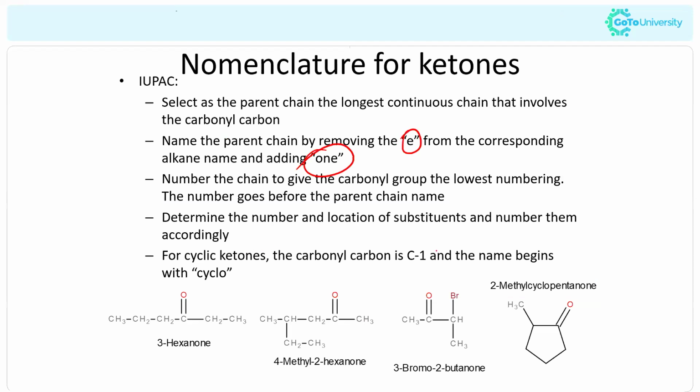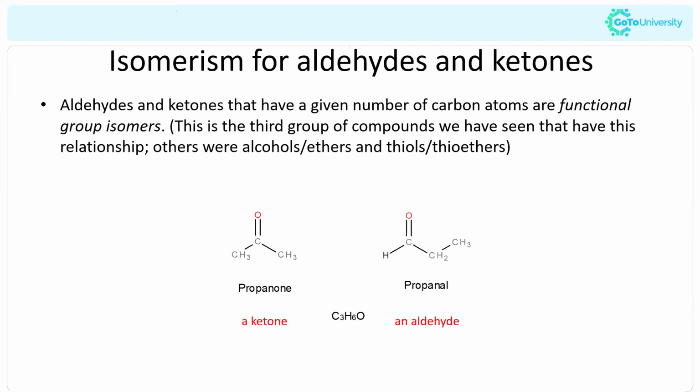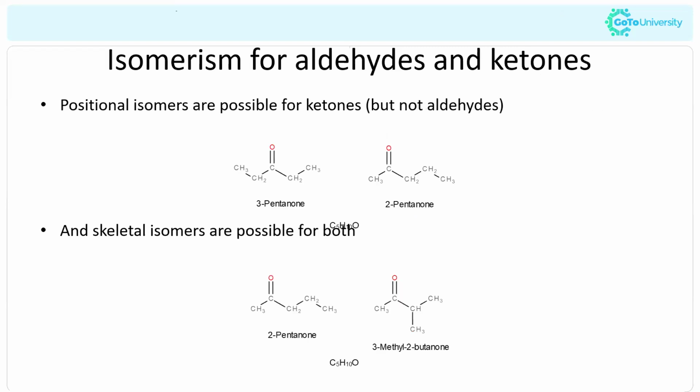This is how we are naming the ketones. Now this is how we are naming some important common ketones. And see, this is the difference: the three carbon containing ketone is propanone, and the three carbon aldehyde is propanal. That is it. And now we can see the positional isomers of ketones.